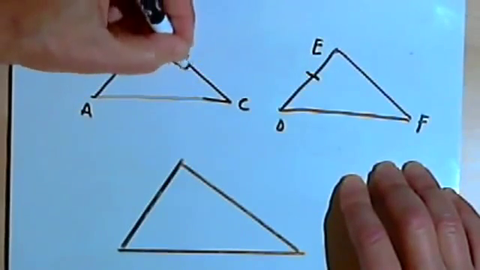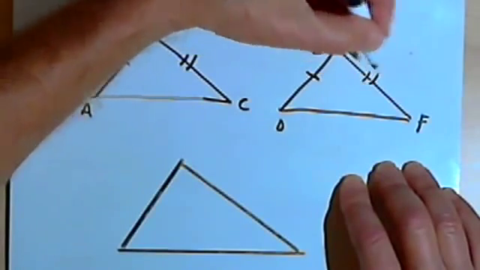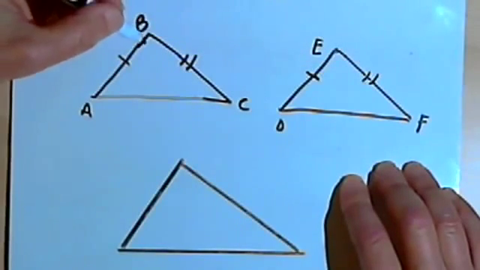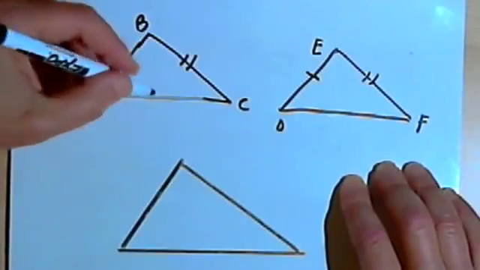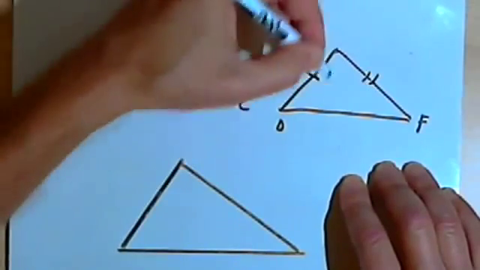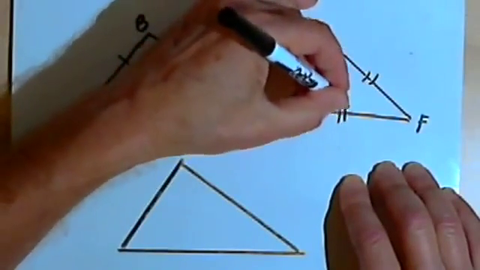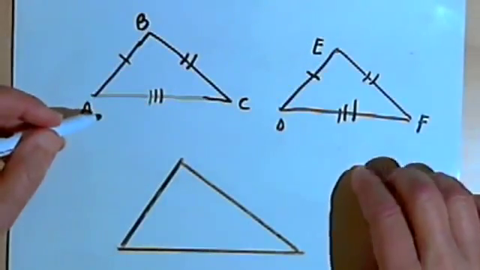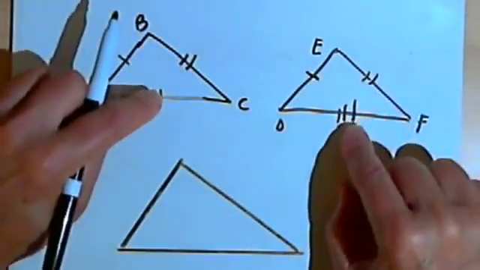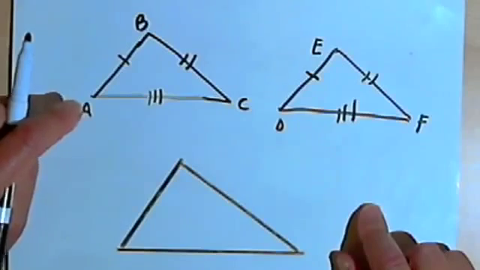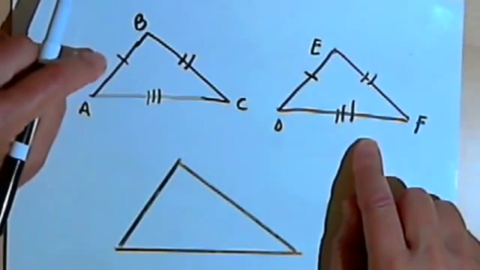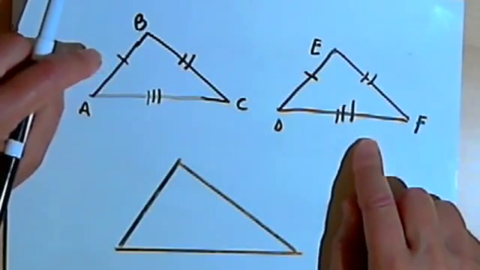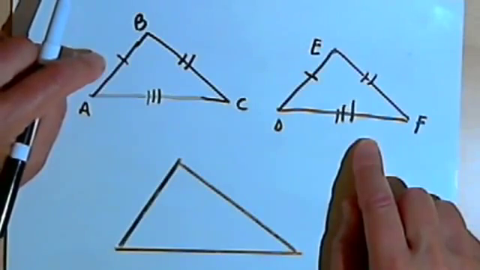Let's say side BC is congruent to EF. It's like 2 sticks that are exactly the same length. And let's say that side AC is congruent to side DF. If we've got that situation where we've got 3 pairs of congruent sides, then those 2 triangles are going to be congruent. So this is called side-side-side congruency.